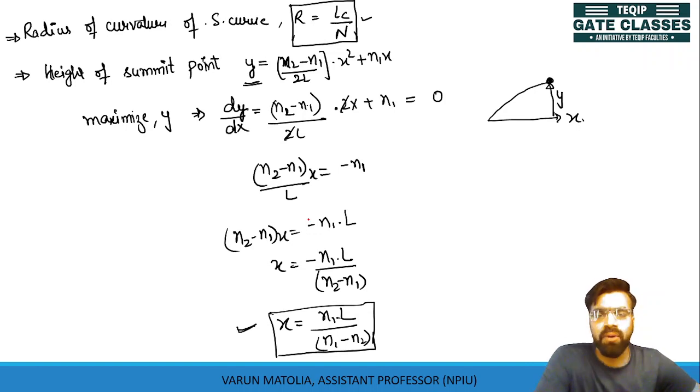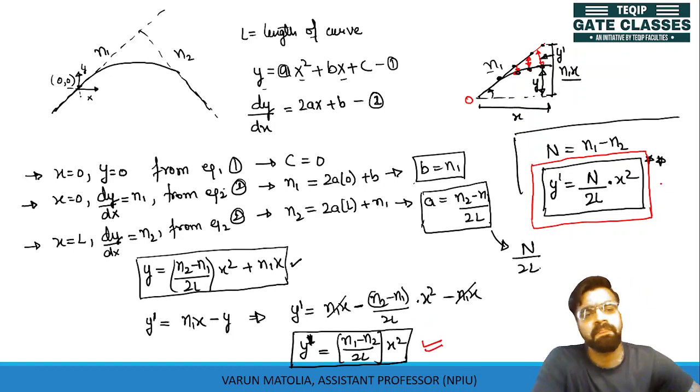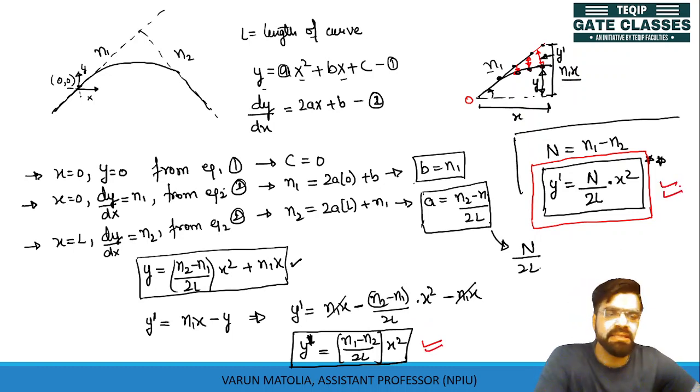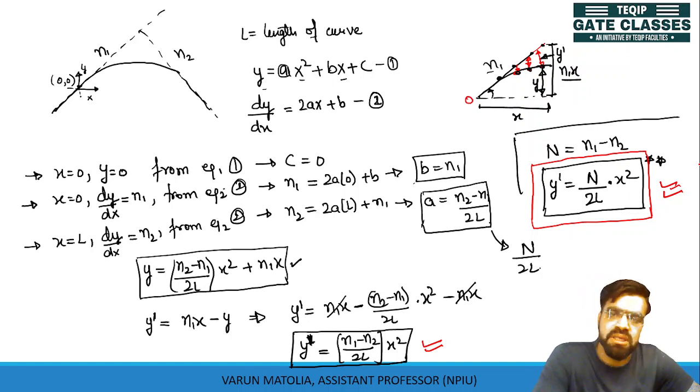Derivations are not very important for you, but the final results are. Better you understand the derivation and remember the final results. In the next class, we'll look into valley curves and see some numerical problems from the summit curve and valley curve. Thank you so much.